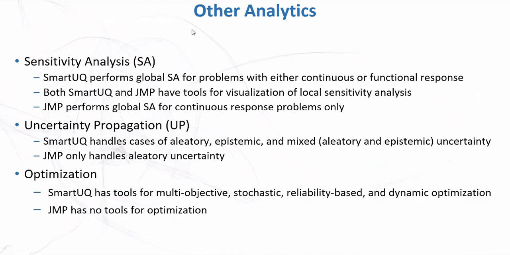So in the remaining time here, we're not going to be able to cover everything that SmartUQ has to offer, but I do want to finish by touching on a couple other similarities and differences between the analytics that SmartUQ and JMP allow users to perform on the models that they've trained.